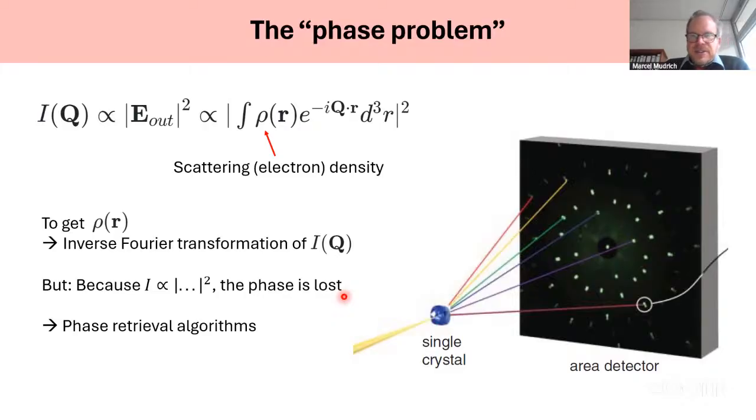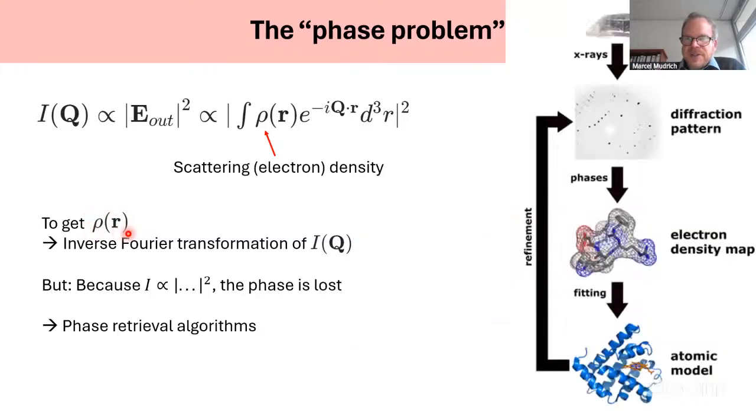This is a very general problem in X-ray diffraction imaging, that we have to come up with some clever algorithms or protocols to retrieve the phase, or guess the phase, to calculate back to the real space density distribution.